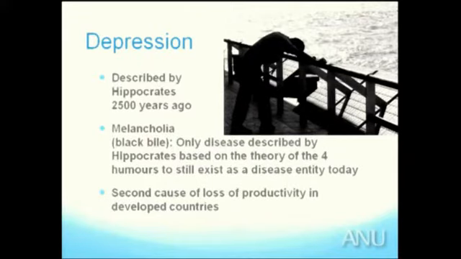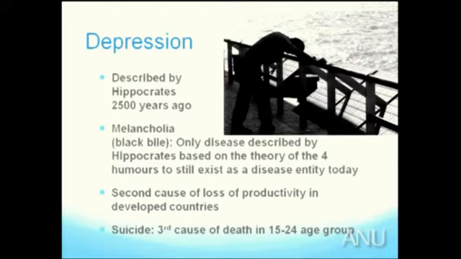It is therefore the only disease described by Hippocrates based on his theory of the four humors that still exists as a disease entity today. And it's the second cause of loss of productivity in developed countries. And of course, suicide, which most people are not aware of, is the third cause of death in the 15 to 24 age group.